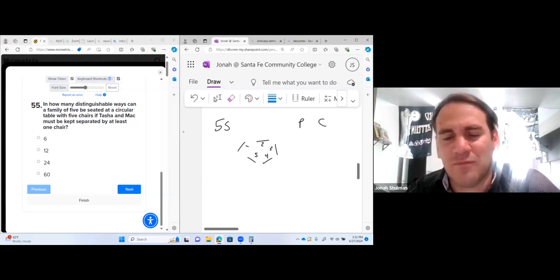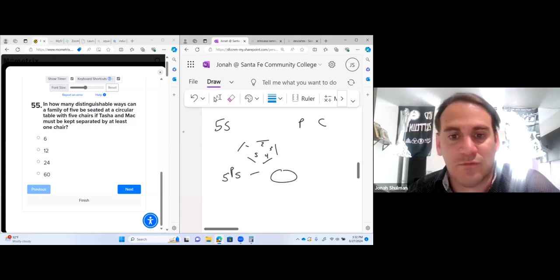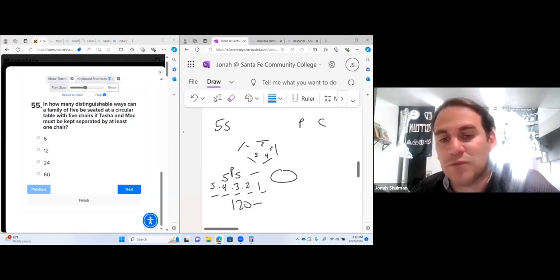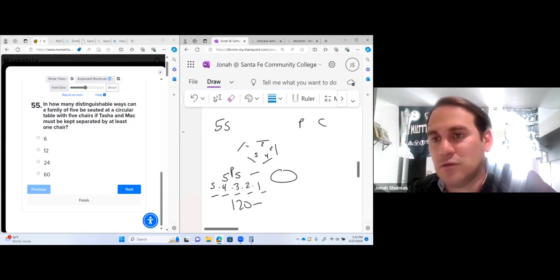So right now it's 5 by 5. So it's 5P5 because order matters. I'm going to have to subtract whatever's left over. So 1, 2, 3, 4, 5. So it's basically 5 times 4 times 3 times 2 times 1. So I start with 120 ways we can move them around. Here's the crazy formula.